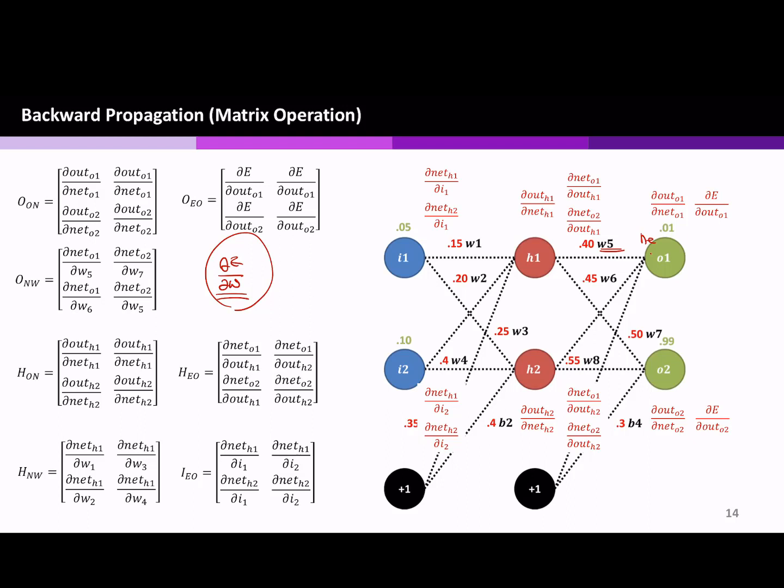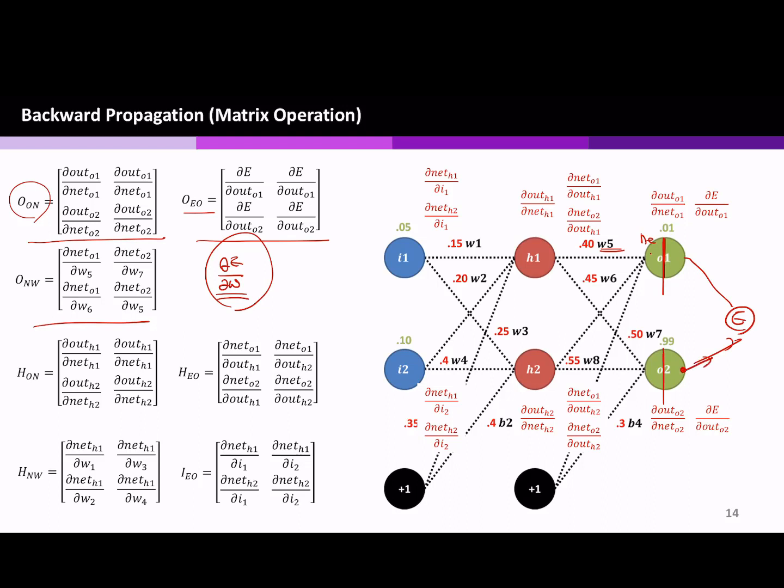That's why we defined this matrix for each node and each layer. For instance, here ON is output and net, output net in the output node. Then E and O is the cost function and output is here, right?